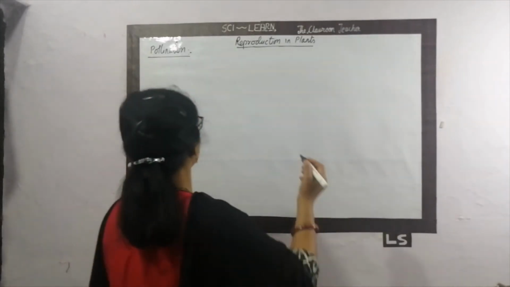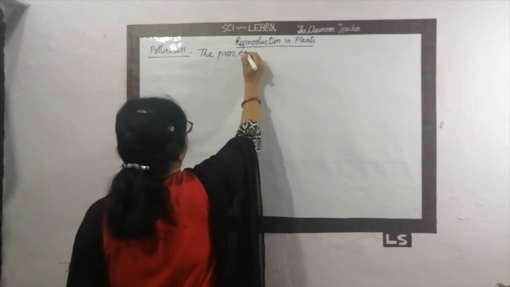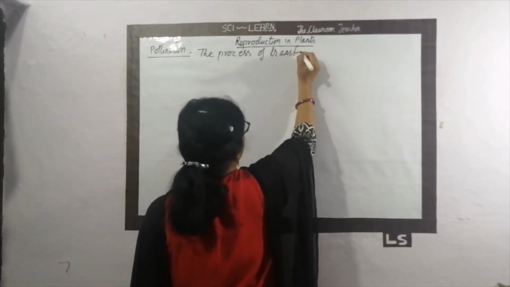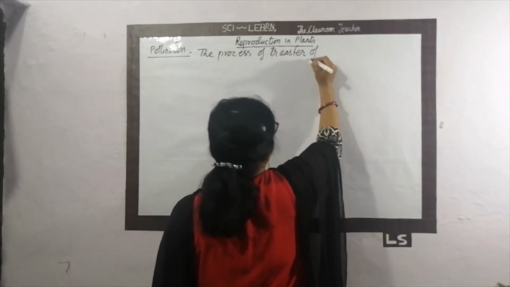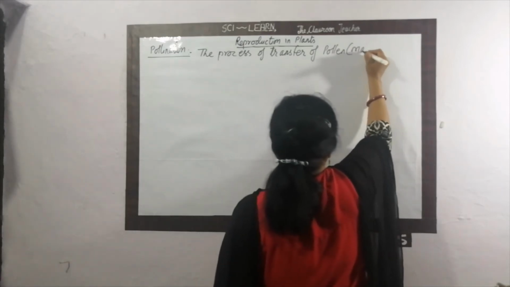What is pollination? The process of transfer of pollen. And what is pollen? Pollen is the male gamete.